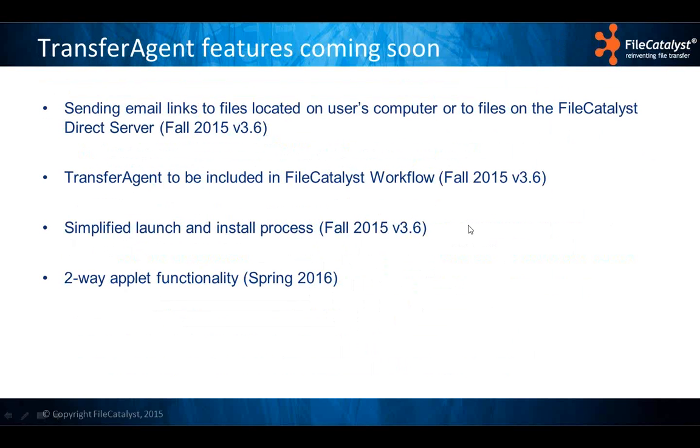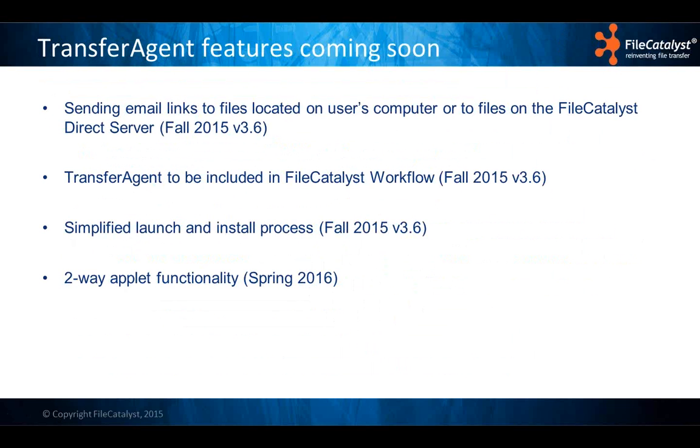So what's coming soon to the transfer agent? Well, we're going to have a huge release, I believe in probably mid-November. So in a month and a half or so, in our version 3.6, that is going to have a huge update to the transfer agent.